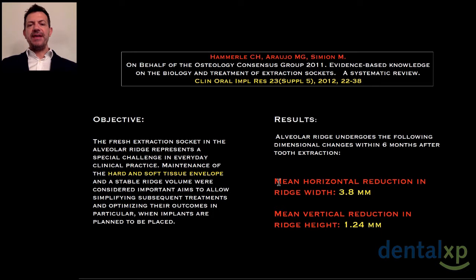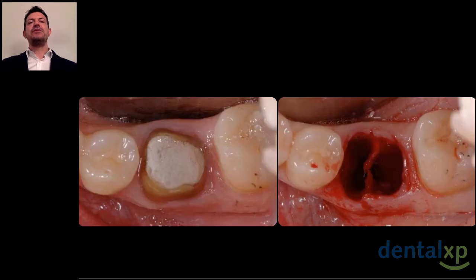And we can see here that on average, we have a horizontal reduction in the ridge width, the horizontal dimension, of 3.8 millimeters. And on average, we have a vertical reduction, the ridge height, of 1.24 millimeters with spontaneous healing 6 months after tooth extraction in our patient.